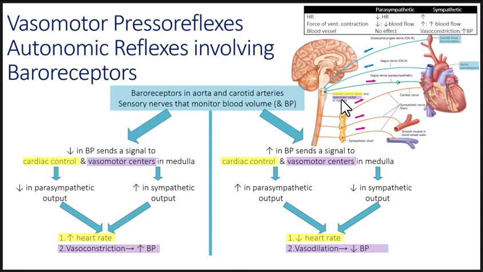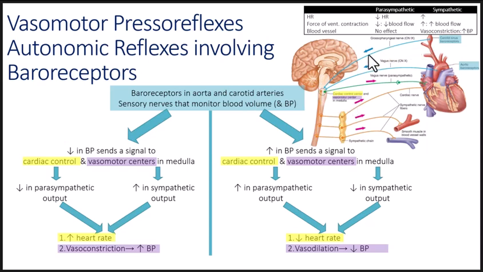We have these cardiac control centers, so this is going to control our heart, and these vasomotor centers that are also found within the central nervous system, specifically within the brainstem, the medulla oblongata more specifically.